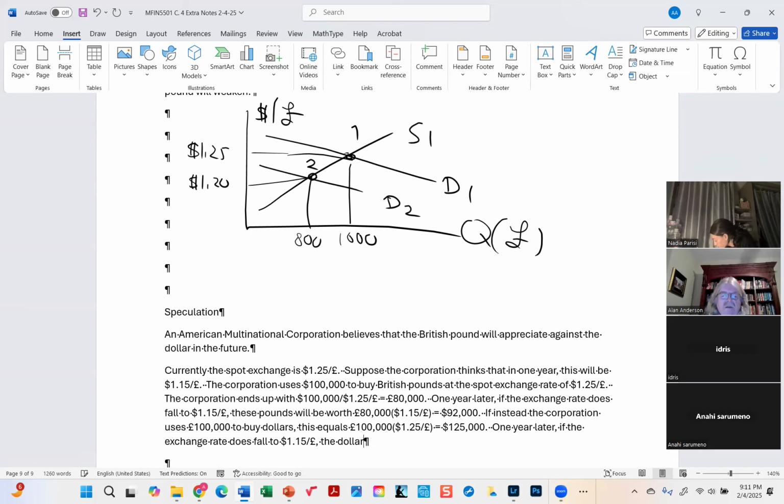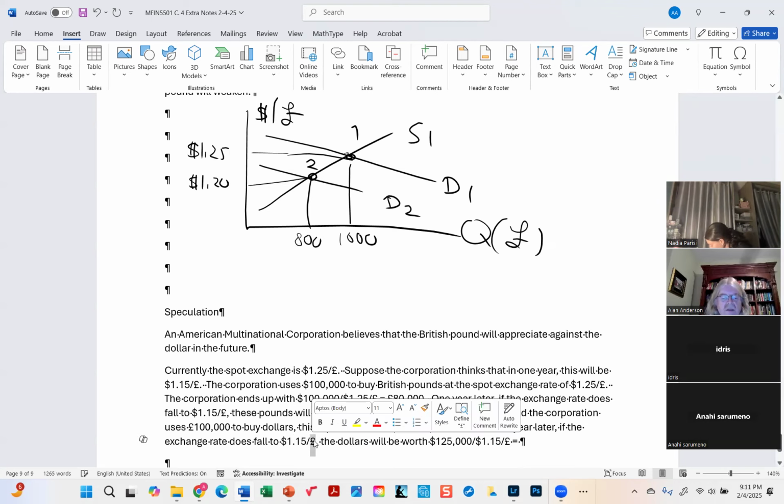So the dollars will be worth, in other words, these dollars that we acquired can be converted back to pounds.